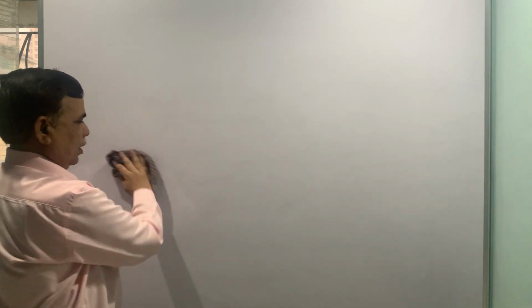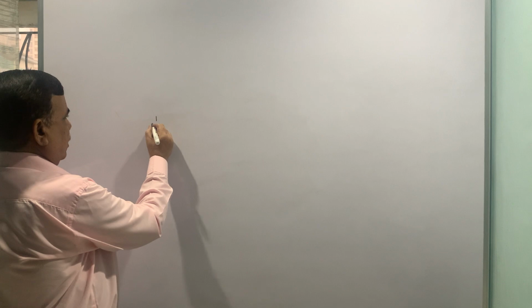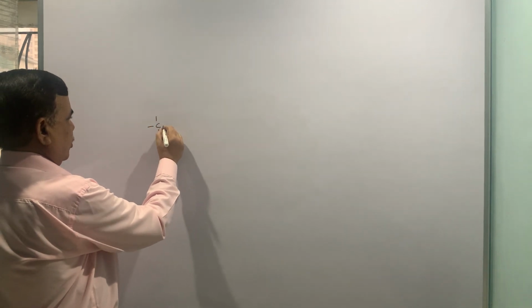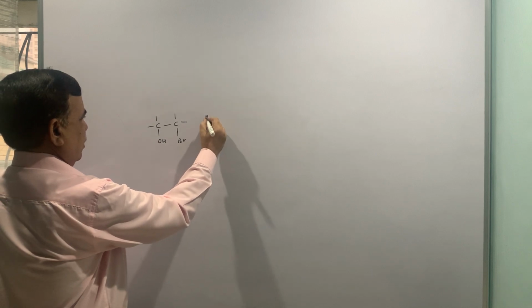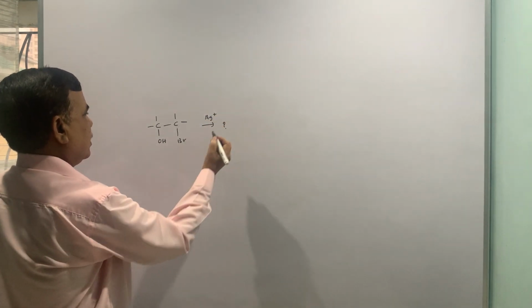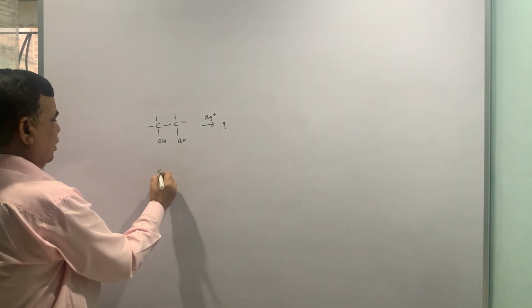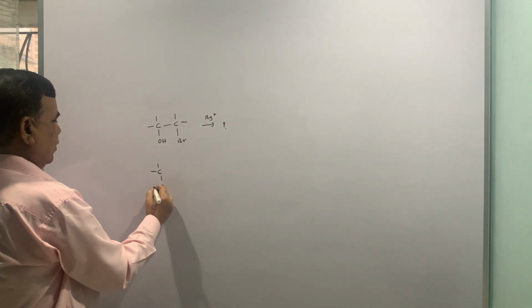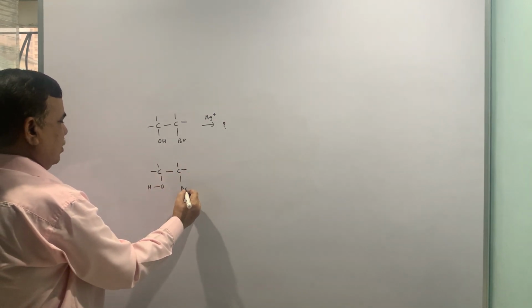There are two more examples. Let us finish them quickly. This is Br, silver plus, and the product is not given. So let us think about the product. First of all, silver will complex with Br, so this becomes AgBr.